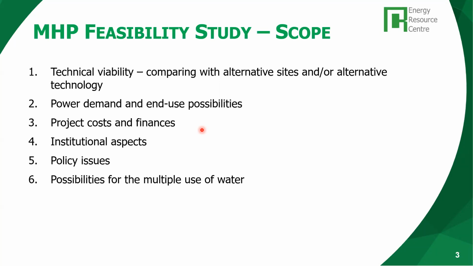And of course, institutional aspects: who is going to develop it, who is going to manage it, and how it is to be operated also has to be decided. And this will be based on the policy, the national policy adopted, or the policy that is in place.